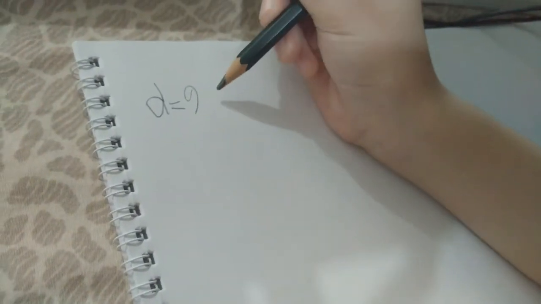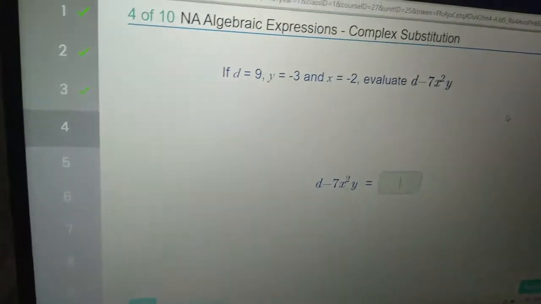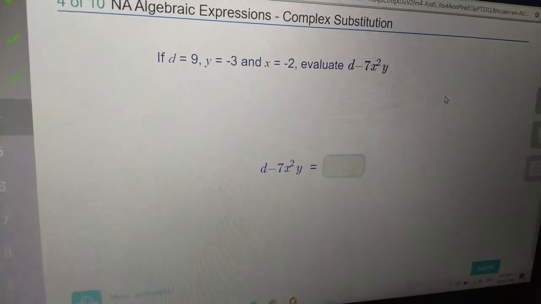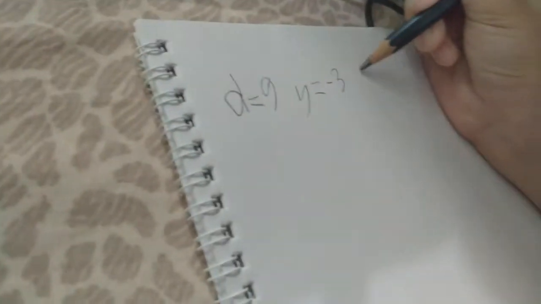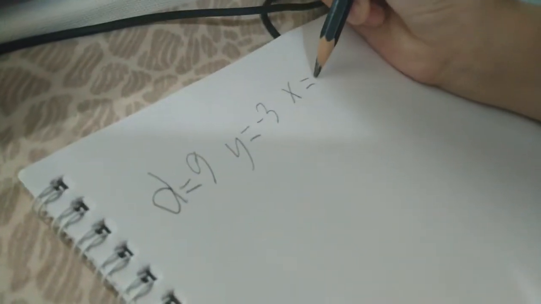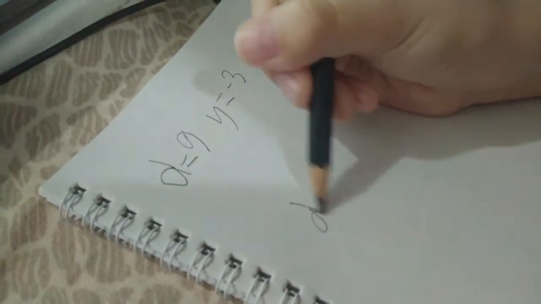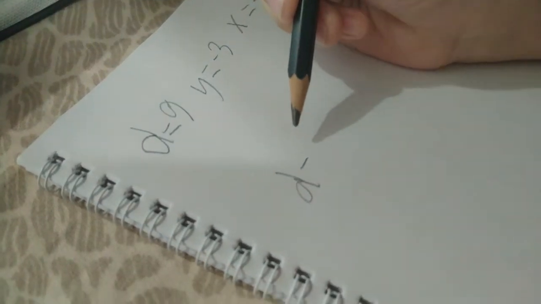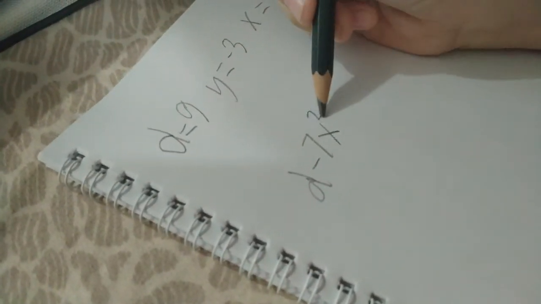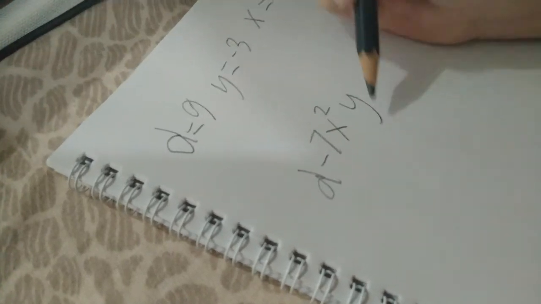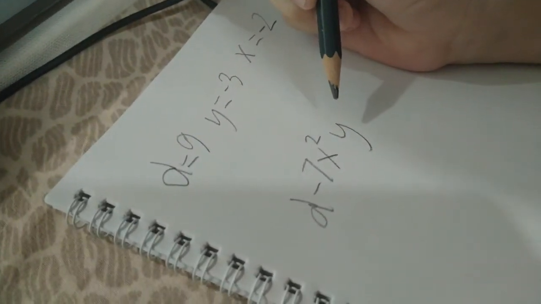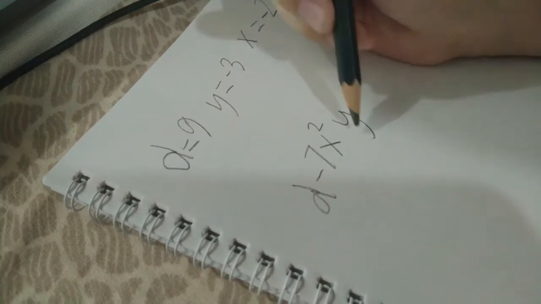Everything changed. d equals 9. y equals negative 3. And x equals negative 2. Evaluate d minus 7x squared y. x squared times y, right?